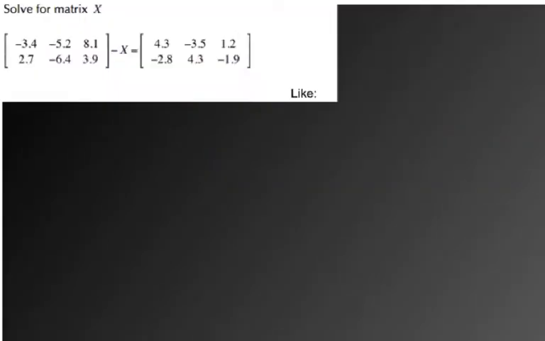And you can do stuff like this, because if you can add and subtract, you can solve for x. So what I would do here is add that over and then take this matrix and subtract it to the left.